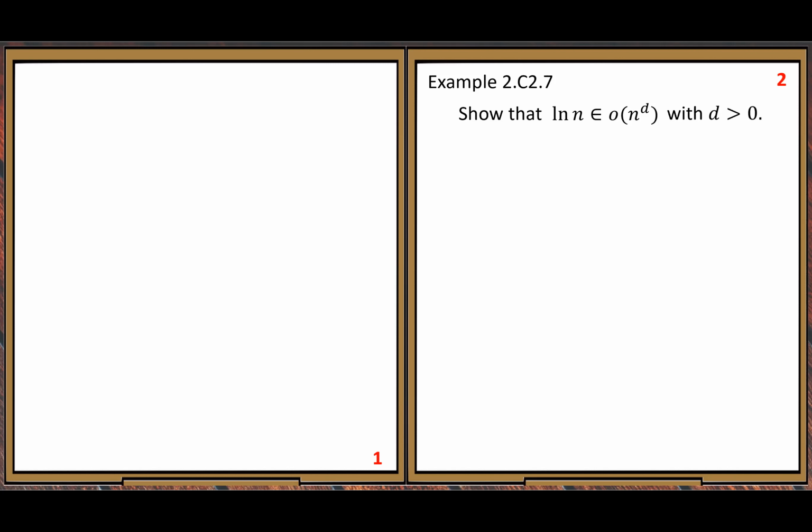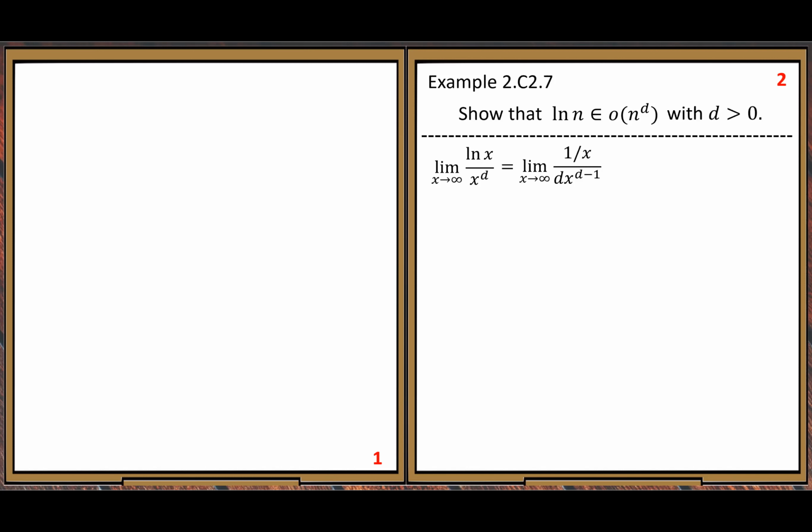That's the only condition we have. Now, let us apply L'Hopital's rule another time. Natural log of x over x to the dth power function. Indeterminate form. So we can apply the derivatives immediately.